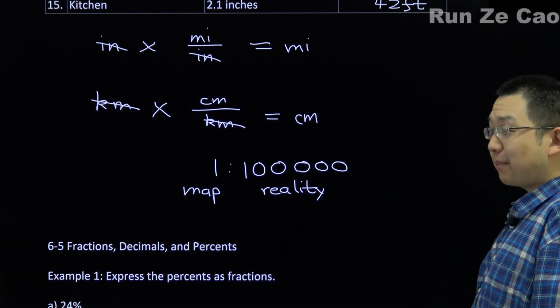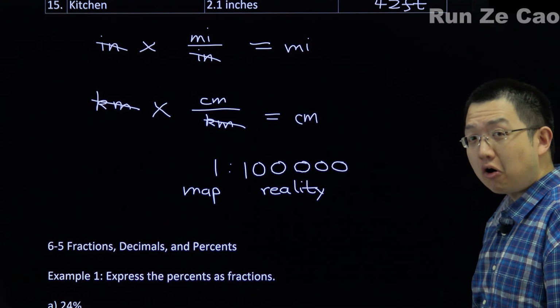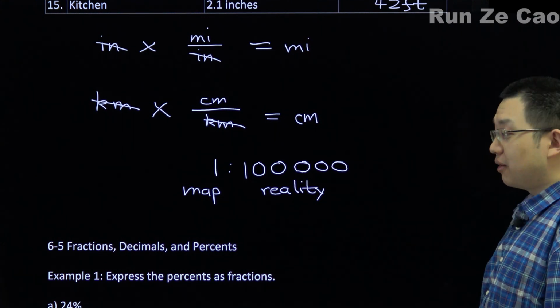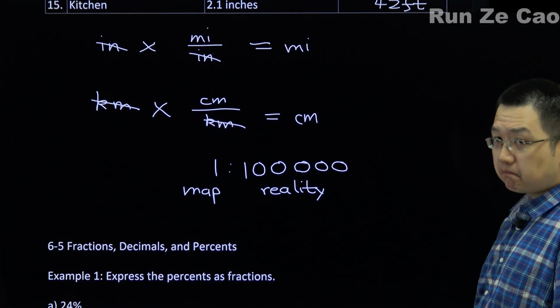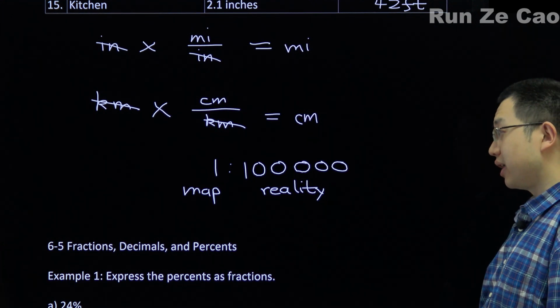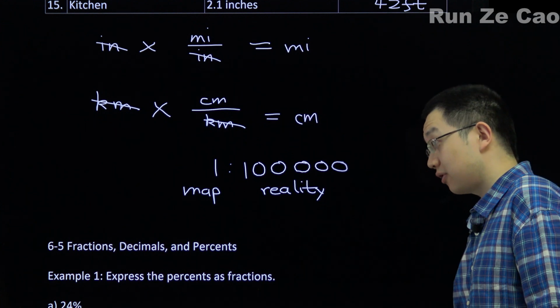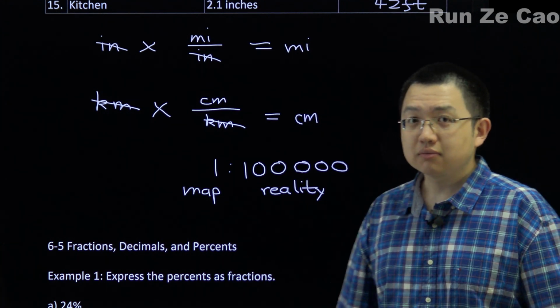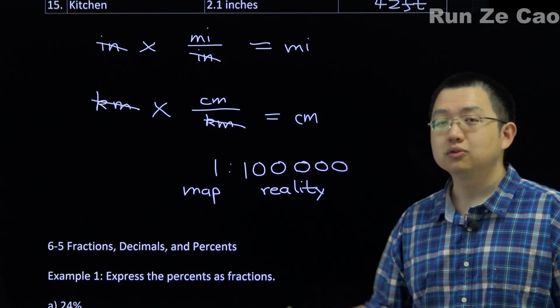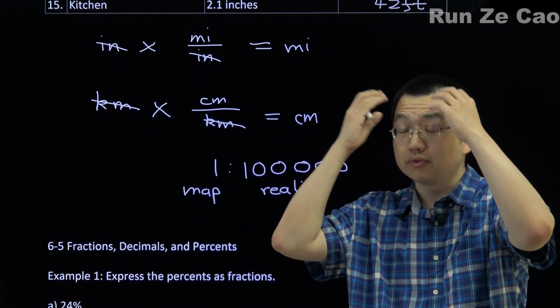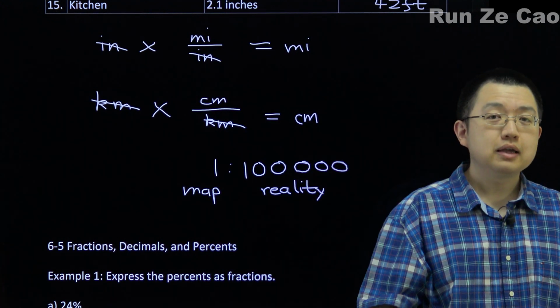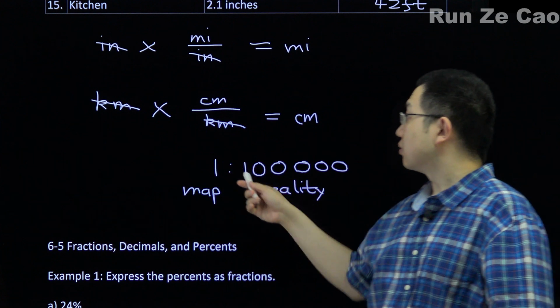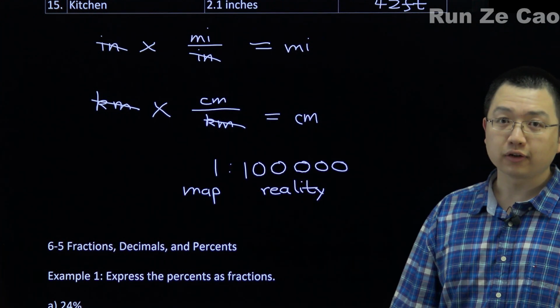Unless you're making a map of something really small, like say a computer chip, I don't think that's the way the ratio is supposed to be used, guys. Just make sure that your results actually seem plausible, okay? And make sure that you use the correct numerators and denominators.